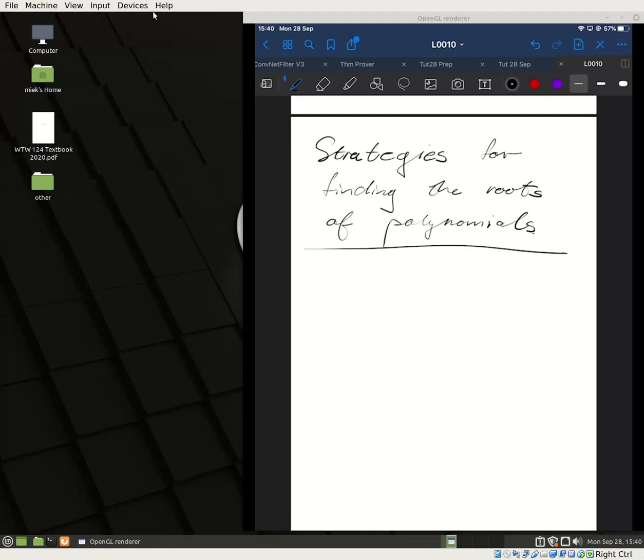But there are some strategies that you can try that will help you to compute the roots of some given polynomial. So let's try the first strategy, and the first strategy is guess a simple root.